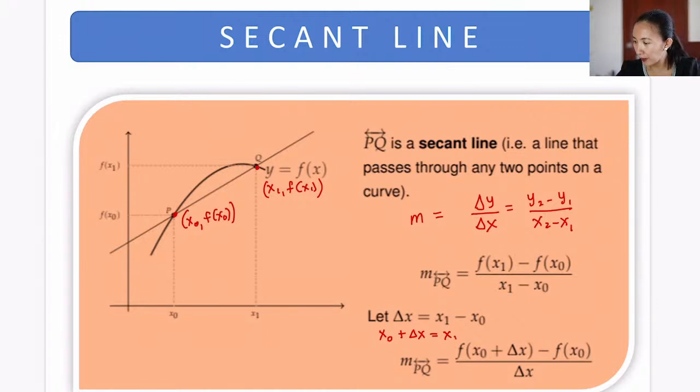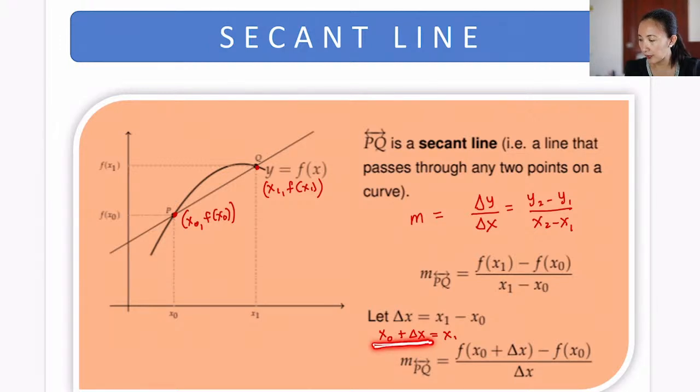So, I'm going to replace x sub 1 with this expression, x naught plus delta x. Instead of writing f of x sub 1, I will substitute x sub 1 with the equivalent expression x naught plus delta x.